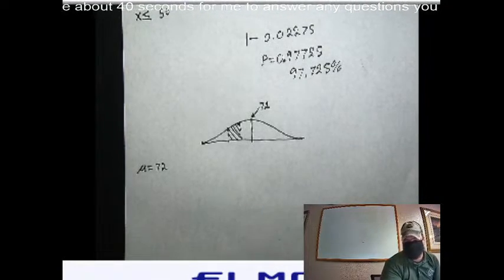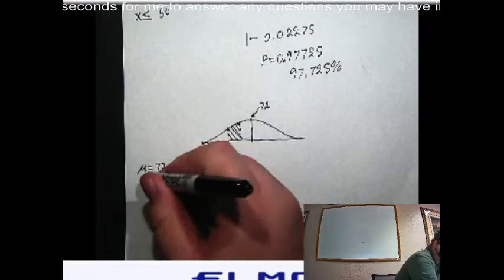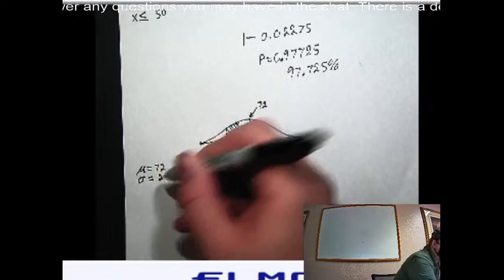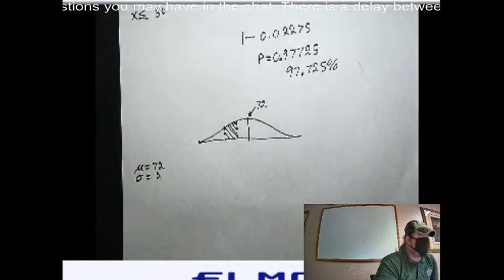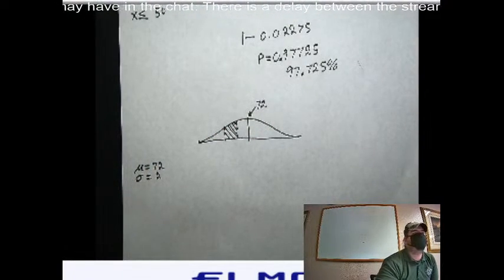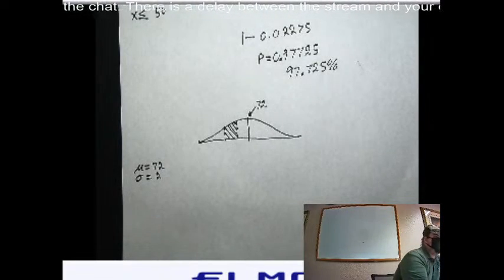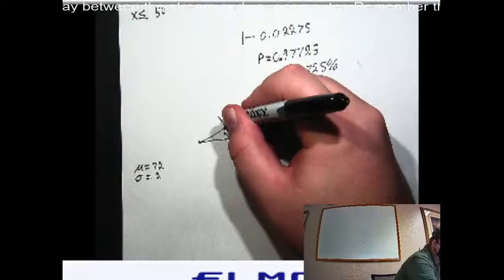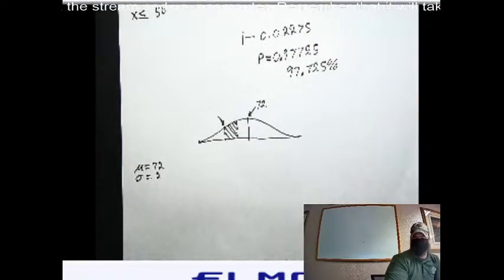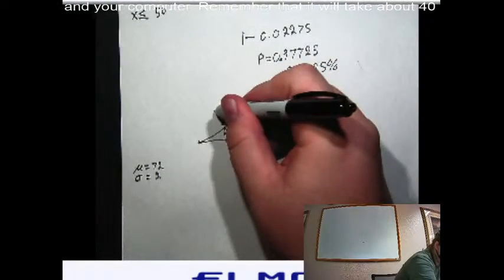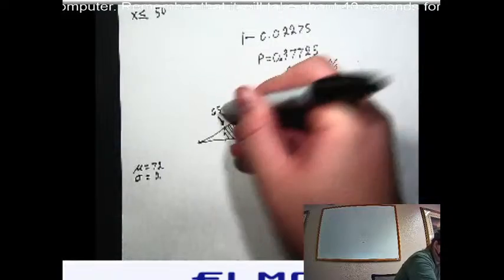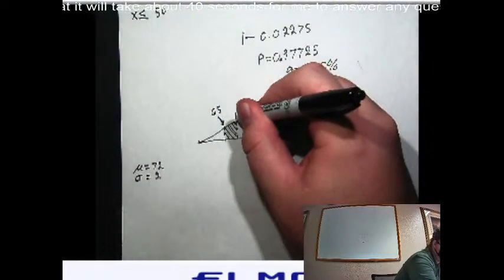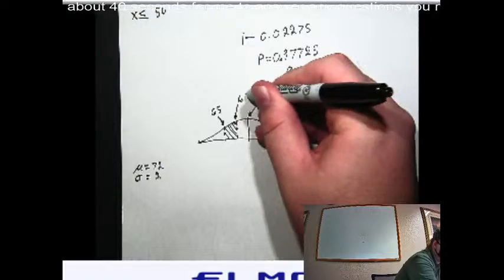Then maybe we have a standard deviation of 2. And then we have two x values, one right here and one right here. The lower one is 65, and the higher one is 69.